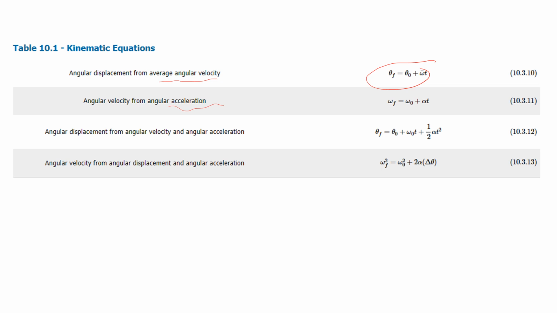Angular velocity from angular acceleration is this. Angular displacement from angular velocity and angular acceleration is this. And last but not least, angular velocity from angular displacement and angular acceleration is omega f square equal to omega naught square plus 2 alpha delta theta.